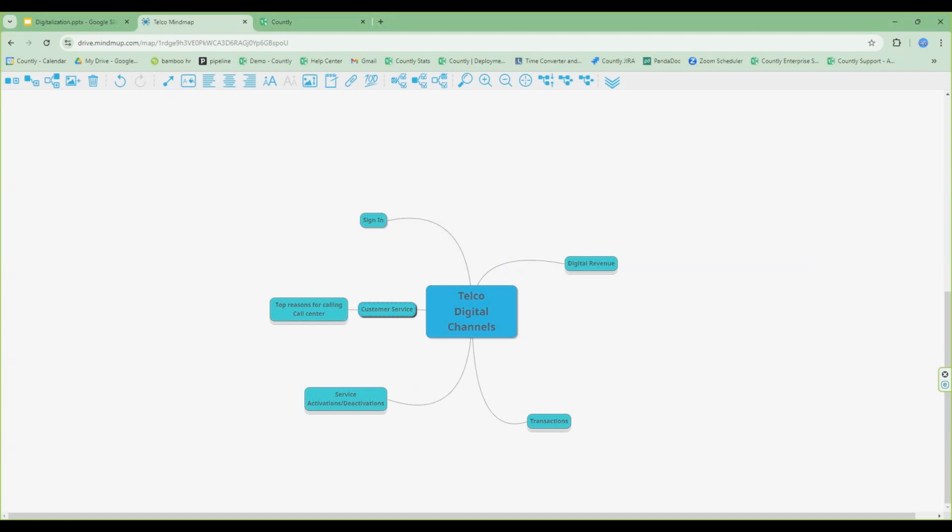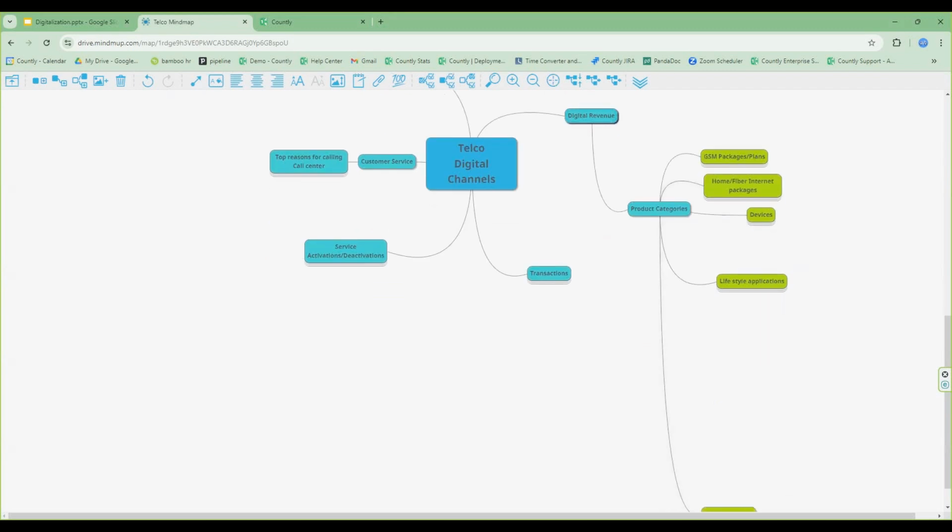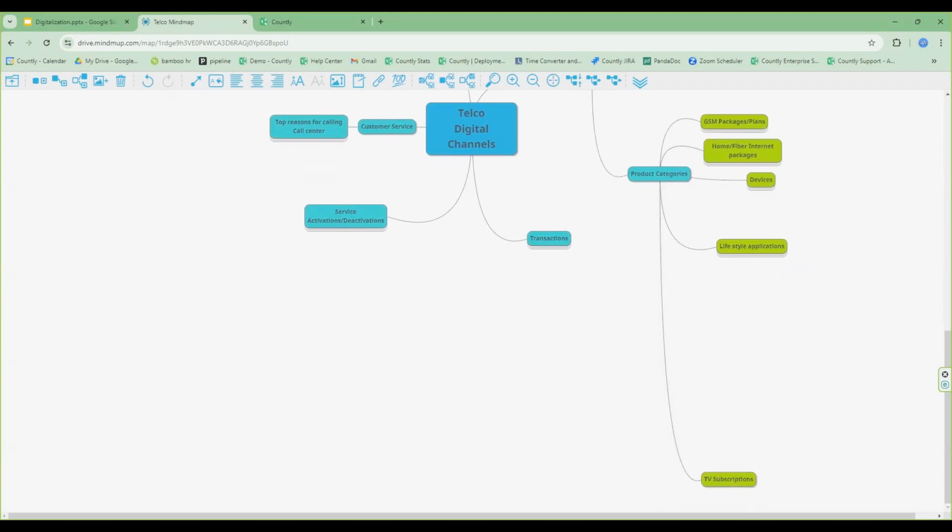Then how can we make revenue by using digital channels? And telco companies, back in the day, used to sell only minutes, SMS and data. But today, they have increased their product line. And they have a lot of categories that they are making revenue from.